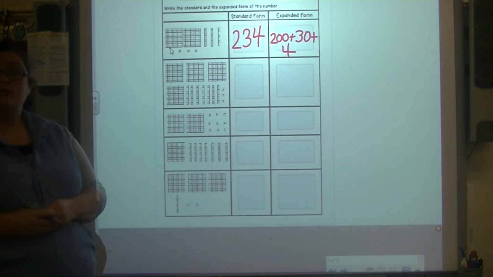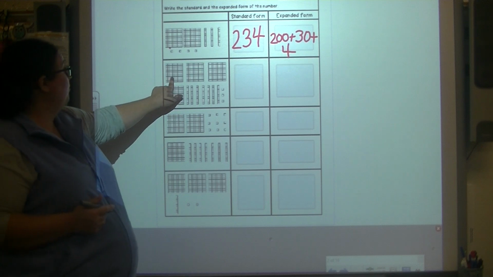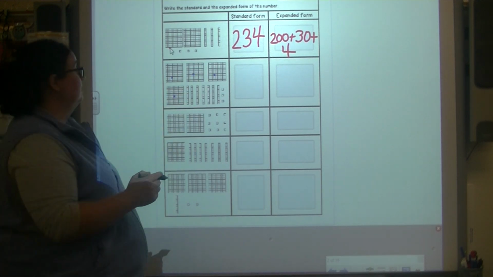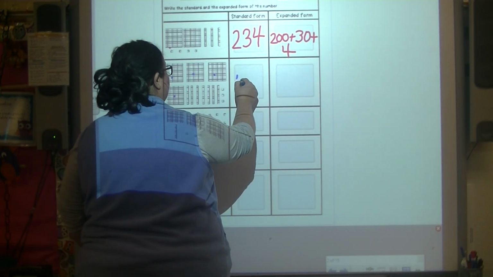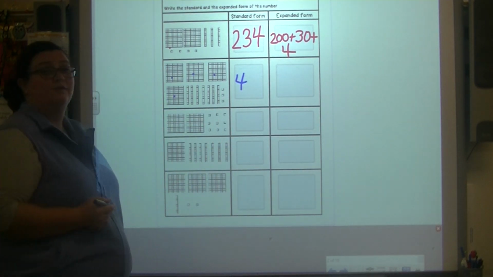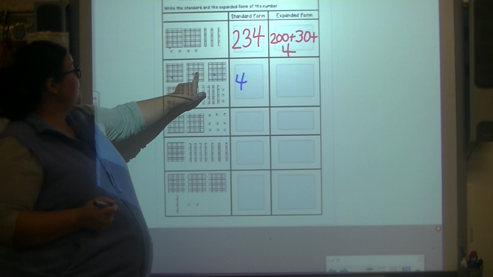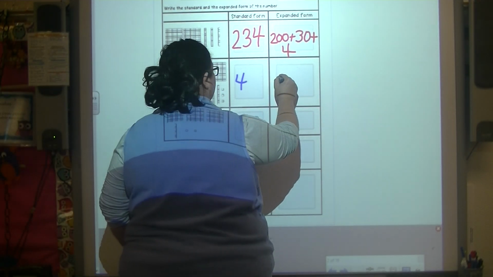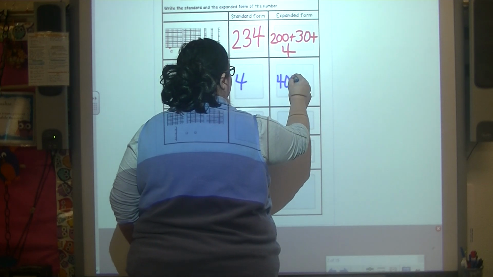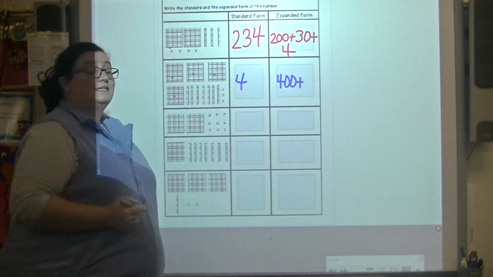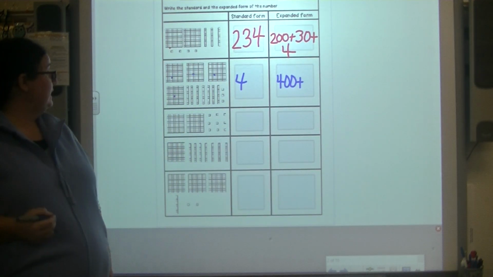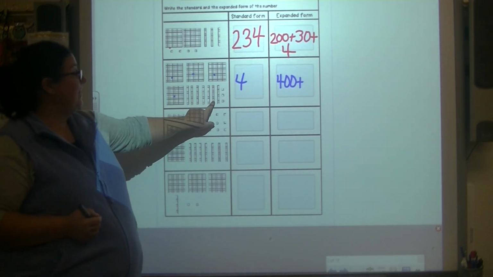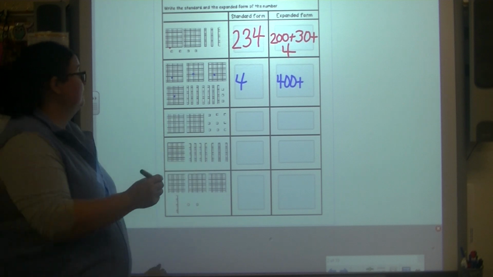Let's count how many groups of 100. 1, 2, 3, 4. 4 groups of 100 is equal to 100, 200, 300, 400. Let's count our groups of 10. 1, 2, 3, 4, 5, 6, 7.